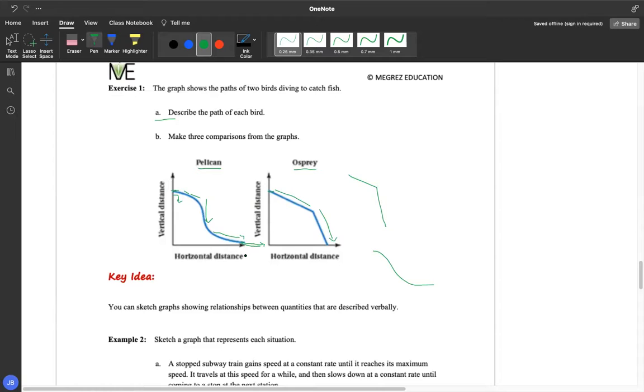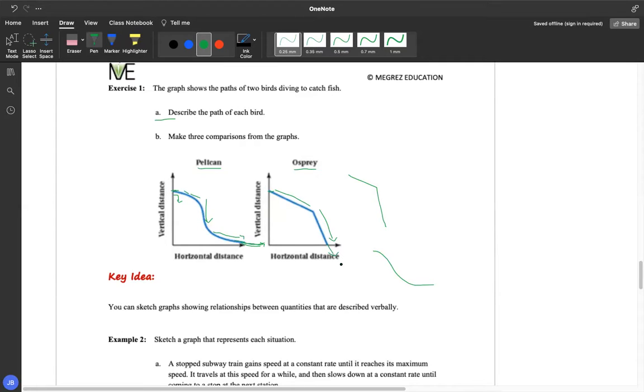And so there we made some good comparisons, right? So we made one comparison that the pelican probably isn't going to hit the water like the osprey. It might just touch the water and keep on going, where the osprey is going to dive right into it or into the ground, whatever it might be, right, Julia? Any other comparisons? Alina, did you have any comparison?